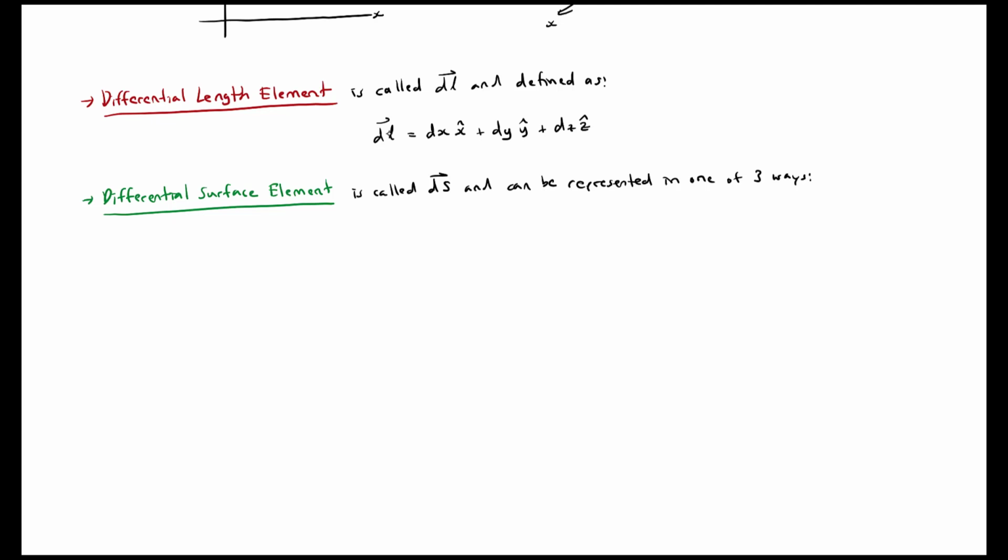So we have three ways. One, we have dx, dy. Two, we have dx, dz. And the third one would be dy, dz. So multiplying two differential elements together is going to give us some sort of area for one perspective of your 3D shape.